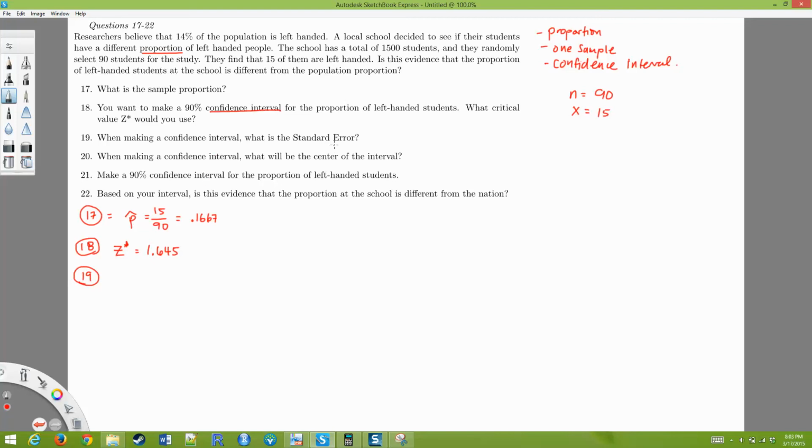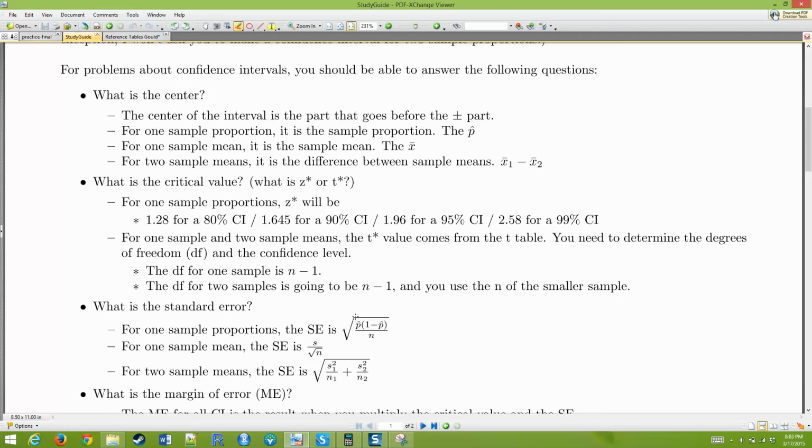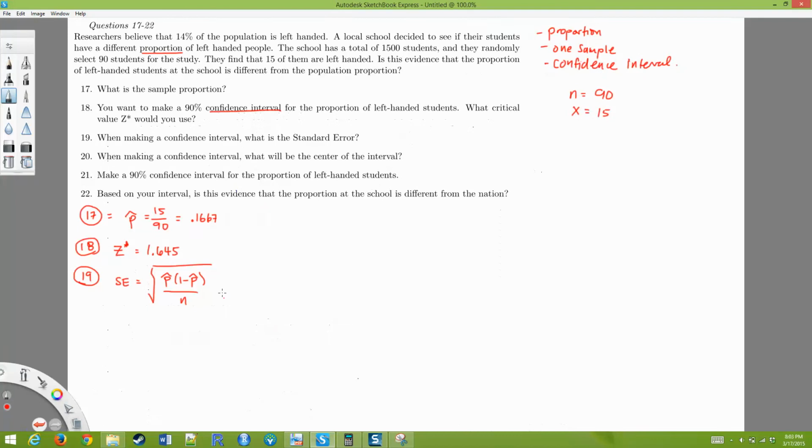Confidence interval, what is the standard error? Standard error, p hat times 1 minus p hat over n. Okay. Also, this is in our study guide right here. P hat times 1 minus p hat over n for the standard error for one sample proportion.